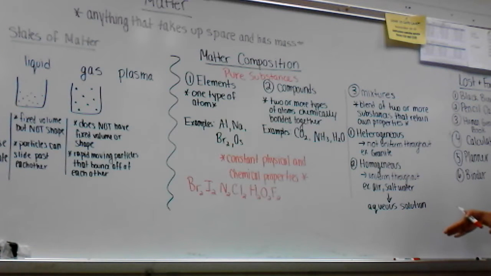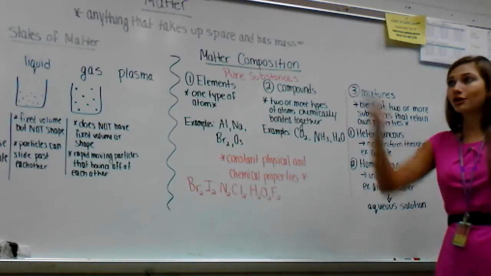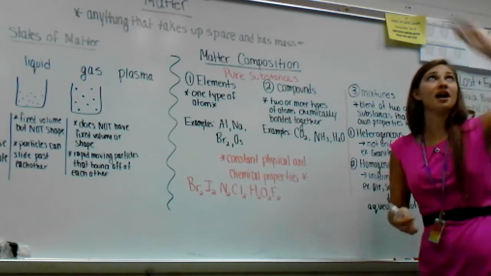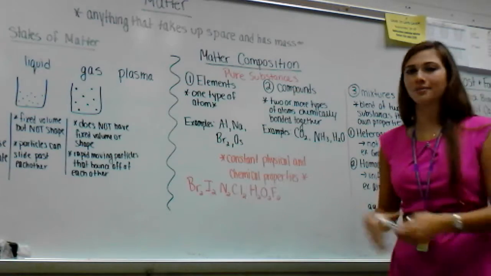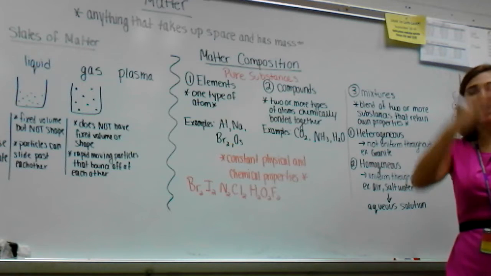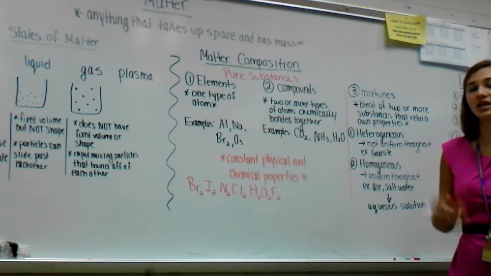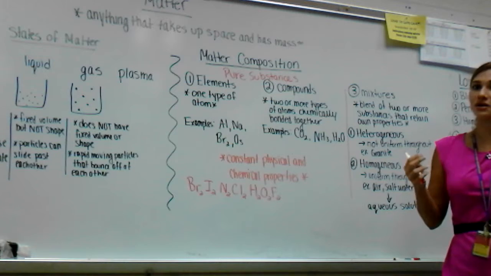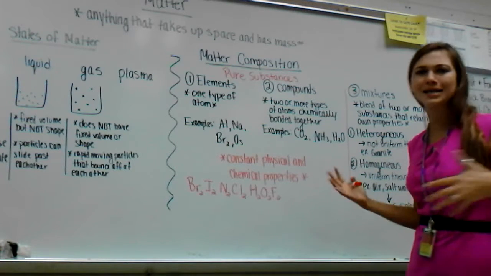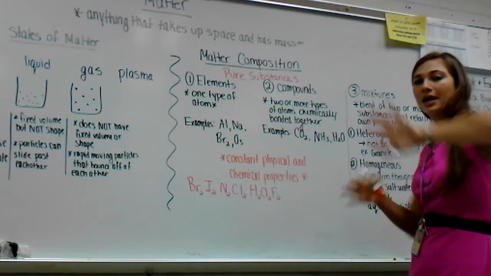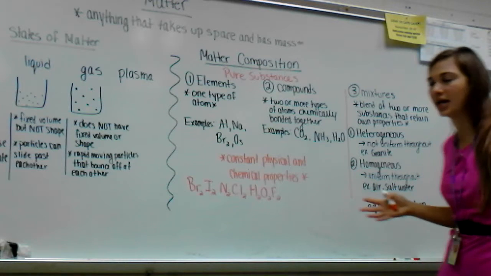Another example of that would be air. If you're looking at air, you can't say, oh, here's an oxygen molecule, and here's a nitrogen molecule. No, you don't know that. Throughout, all of air is the same composition, no matter where you are, so that is going to be a homogeneous mixture also. So you cannot see a difference depending on what part of the sample you're taking.